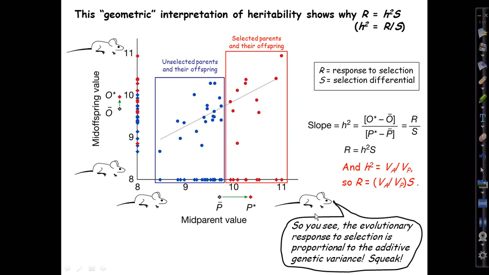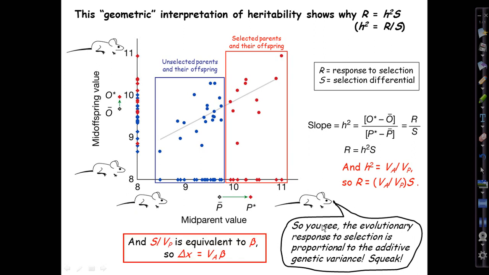The mouse, upon seeing that, has his aha moment. You see, I get it. The evolutionary response is proportional to the additive genetic variance. But what the mouse didn't quite see was how the other shoe drops.